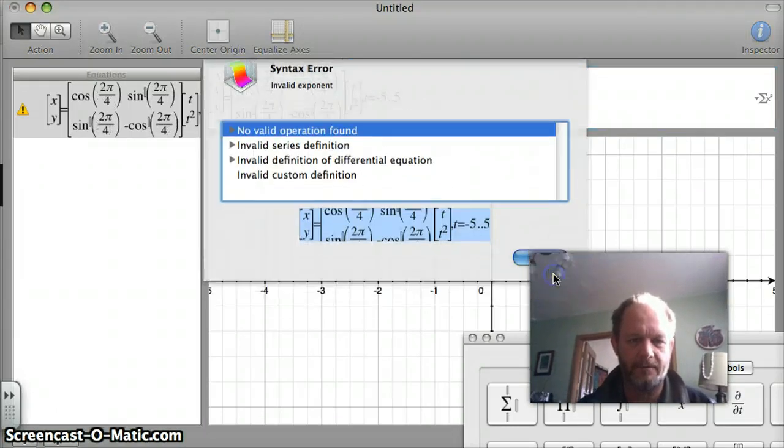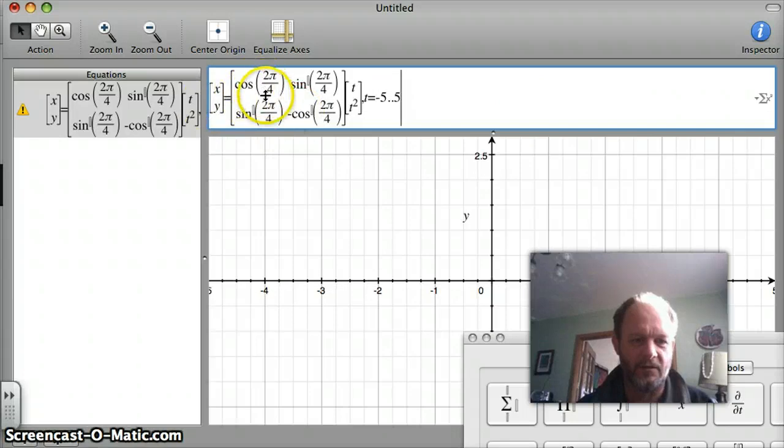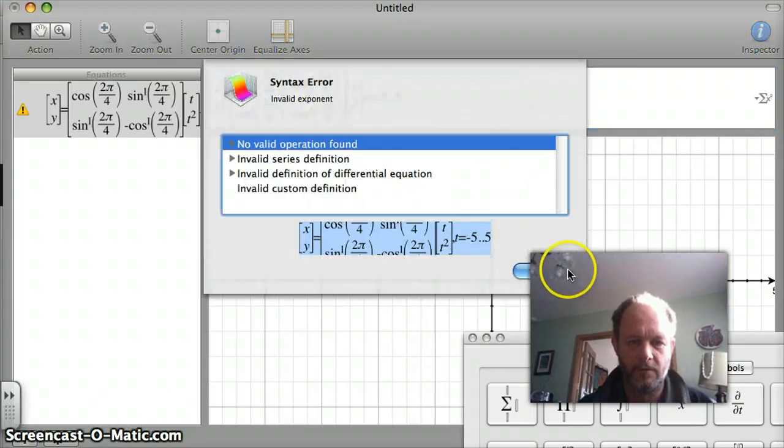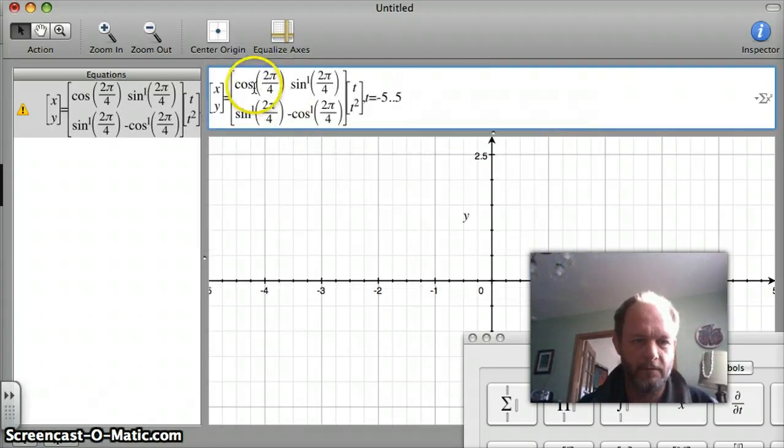Doesn't like that. So cosine of 2 theta, sine, go 1 here, 1, 1. See how that works. Okay.